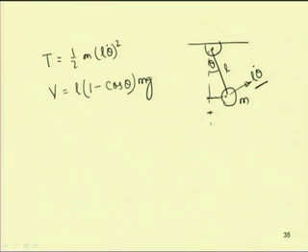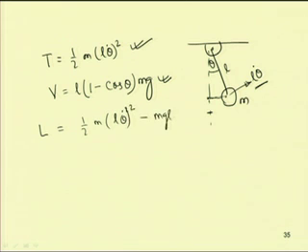This is the kinetic energy of the system and this is the potential energy of the system. So the Lagrangian of the system can be written as half m L theta dot whole square minus m g L into 1 minus cos theta.